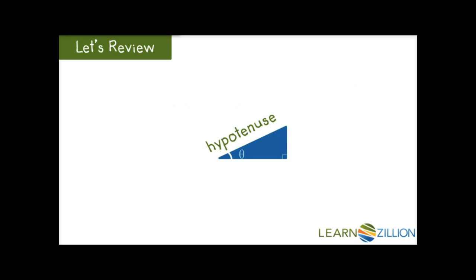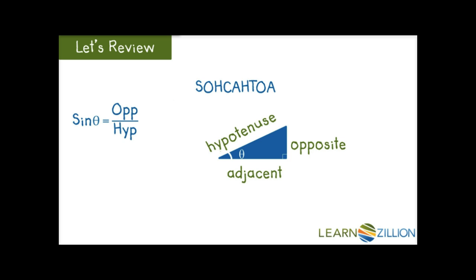In geometry, you learned that for a given acute angle, the legs are either adjacent or opposite the angle. You may have learned the acronym SOHCAHTOA to help remember that the sine of the angle is opposite over hypotenuse, the cosine is adjacent over hypotenuse, and the tangent is opposite over adjacent.